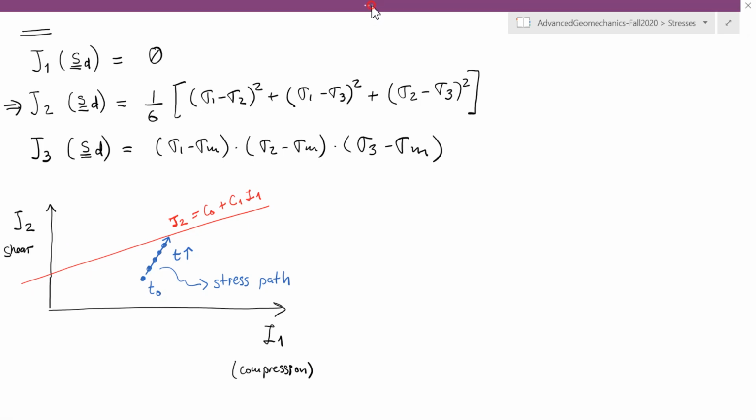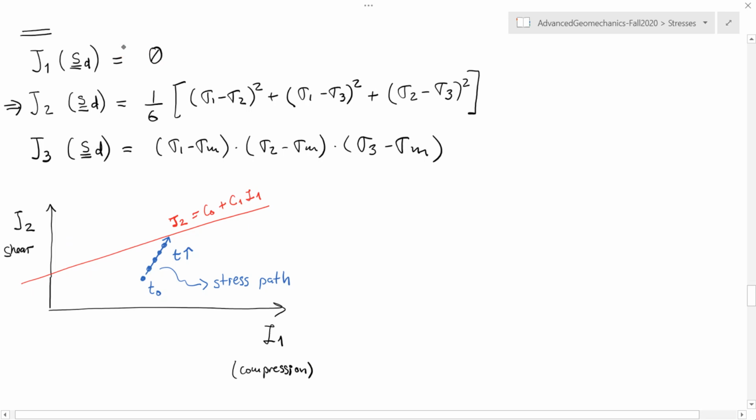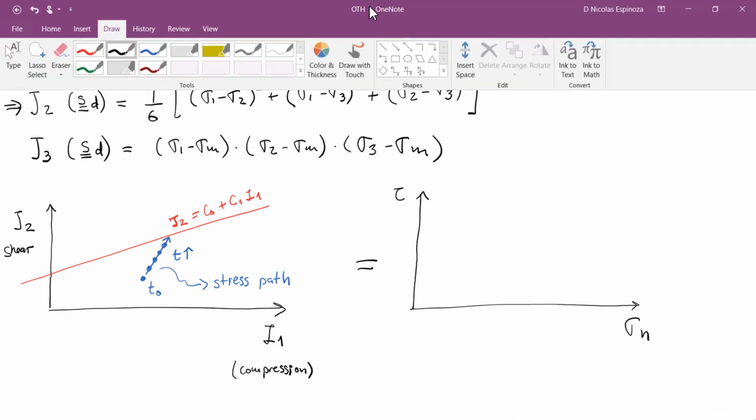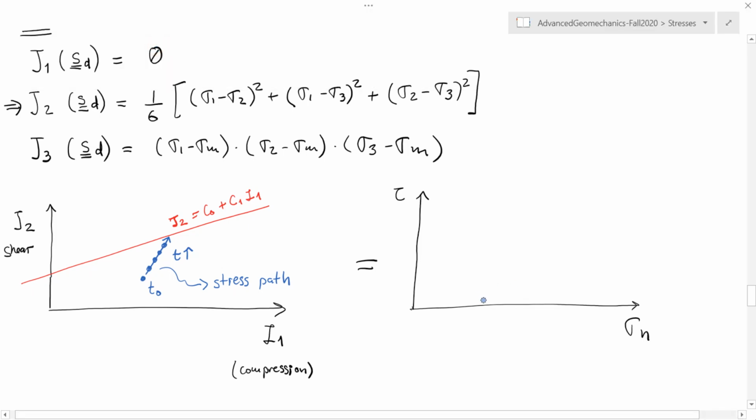Let me also add here probably a more familiar plot for all of you. What I have just drawn is equivalent to drawing Mohr circles. But with Mohr circles, we have to draw 3 circles. So that's why it's a little bit more complicated. But let's say that my initial state of stress is somewhere around here, and I have a 3-dimensional state of stress.